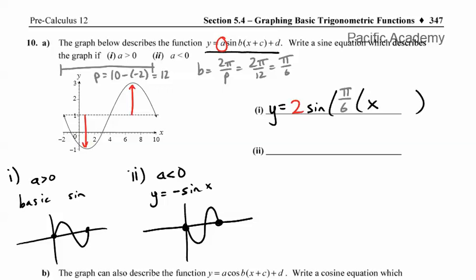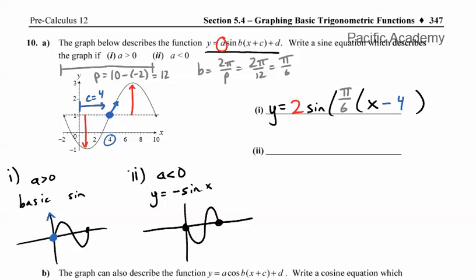The c value is how far the starting point has moved away from the y-axis. So sine's supposed to start at the middle going up. I can see that point right here, starting at the middle, going up. So however far that point has moved away from the y-axis, that's my c value. So my c value is 4.